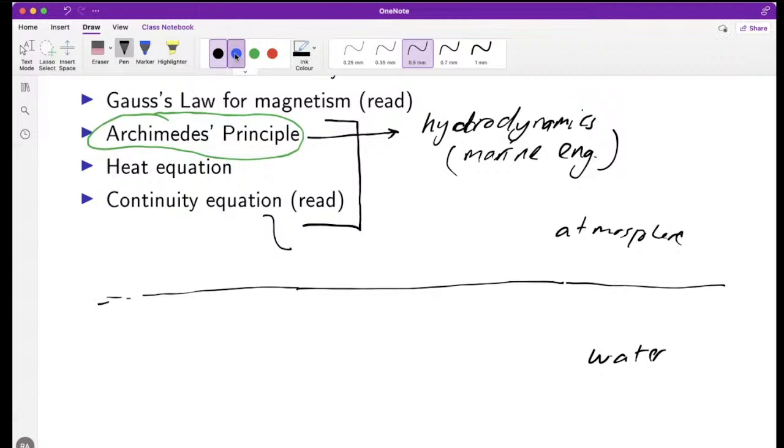For example, here I can have a cylinder. Usually, because of the hand calculation, we only restrict to simple shapes. So my common shape is of course a cylinder horizontally.